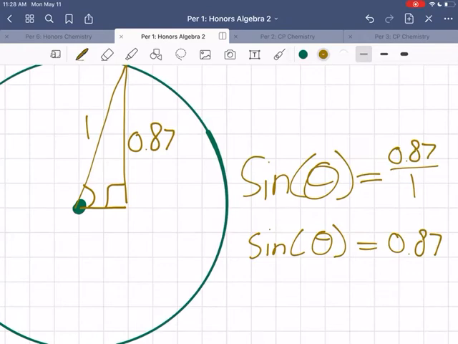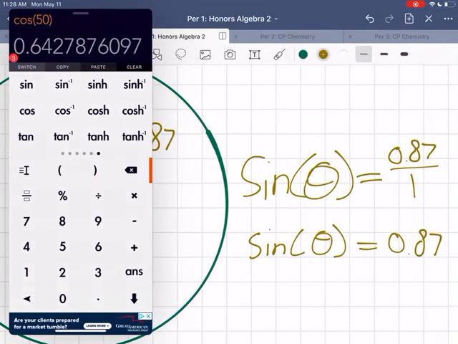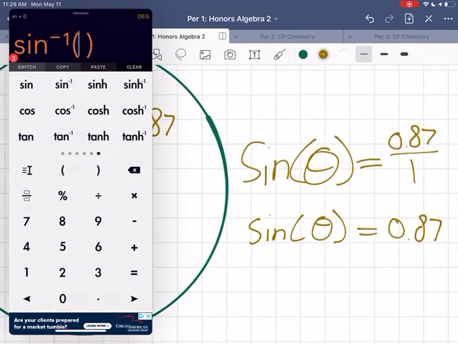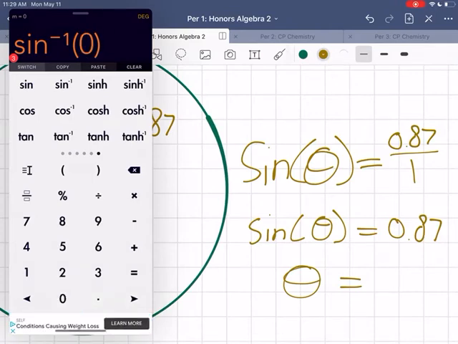Now, if you remember from geometry, there is a way that you can get rid of this sine, and it is by using the inverse sine function. So this inverse sine of both sides is going to get rid of this sine here, and then it's going to get us a new value on the right. So we're going to take the inverse sine, it's going to leave us with theta on the left side, and what is it going to be on the right side?